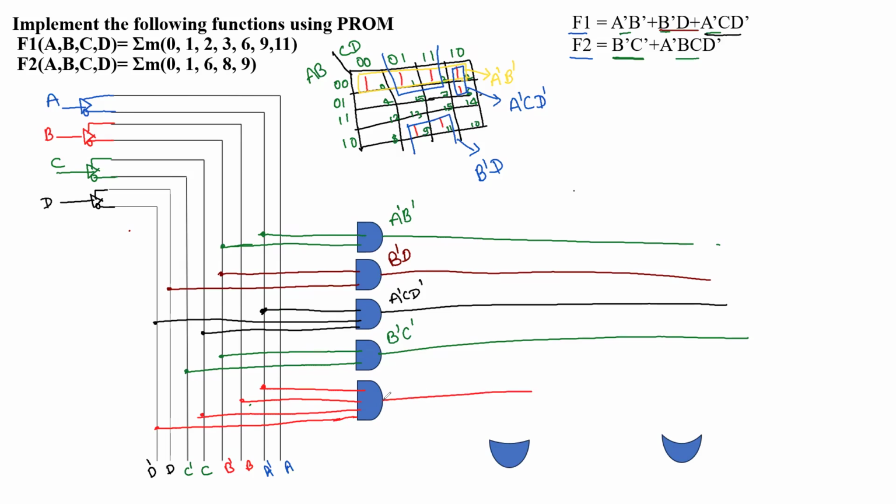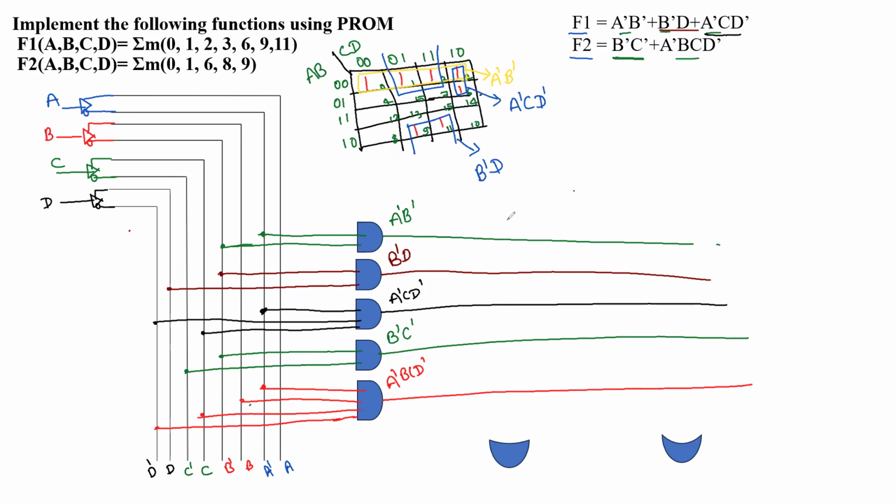This output we have here is A dash B C D dash. Now finally, we have given the connections for all the AND gates. So the fixed AND array, we have given the connection.